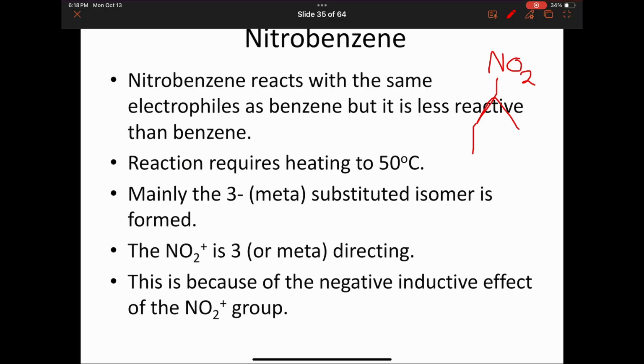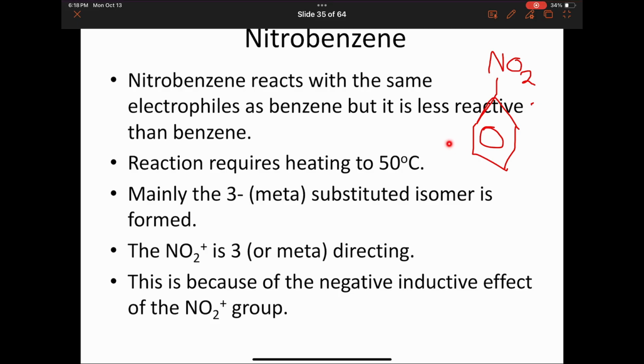So unlike your methyl group, your NO2 group is actually electron withdrawing. Right, so this NO2 group here is pulling electron density away from your benzene onto itself. This is actually going to make your benzene less reactive.